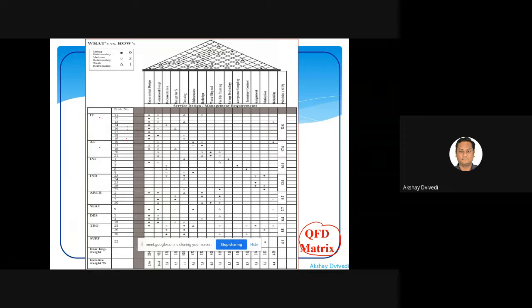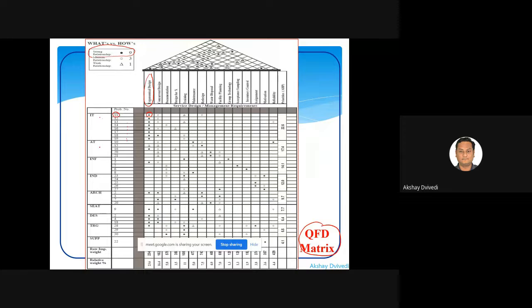Now, for example, if you see ergonomical design, this is having a strong relationship with problem number 11, which is under the domain of IT. And that is reflected by a symbol, strong relationship. All right.